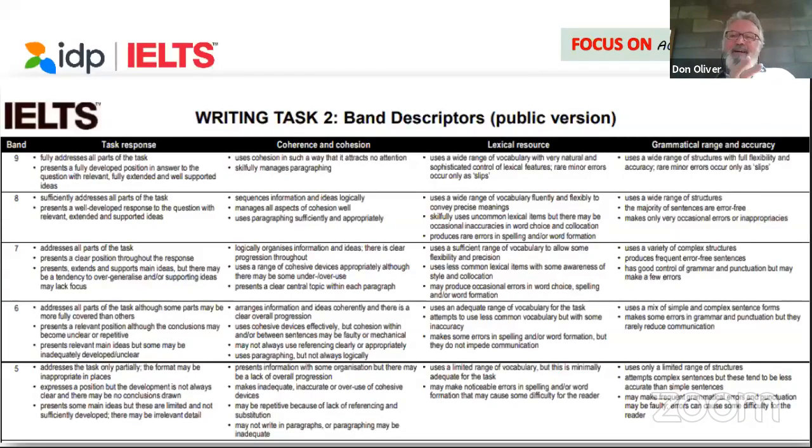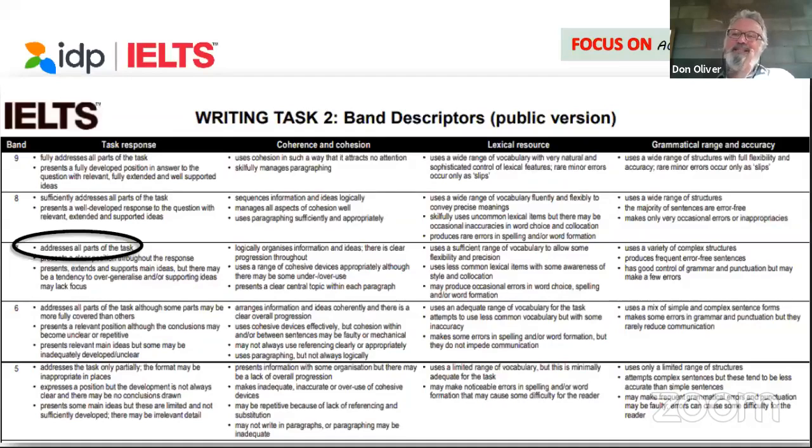I hope you have in front of you or some access to the public version of the assessment criteria. You will find these on the Ielts.com website. If you have them in front of you now, look at them. Here they are on the screen, and we're going to look at each of these criteria in some detail. We already looked at task response.